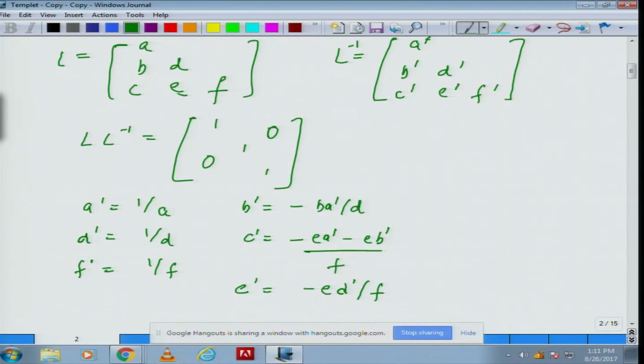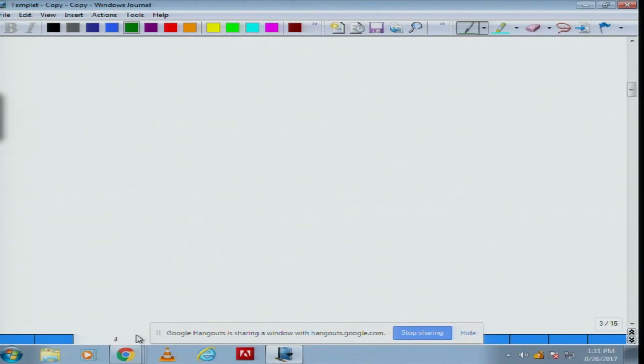So if you have solved this case for L, you can further generalize this whole algorithm for a general n cross n triangular matrix. So I will directly write the result so that you can try it yourself and verify your answers.